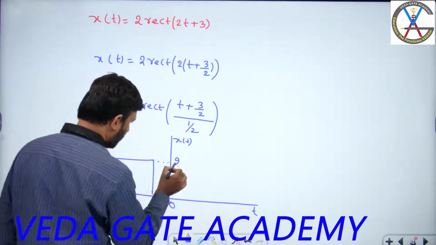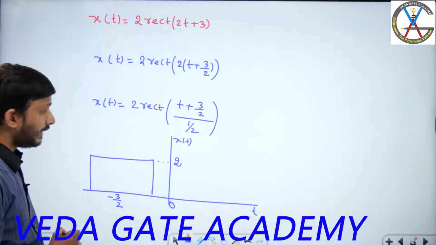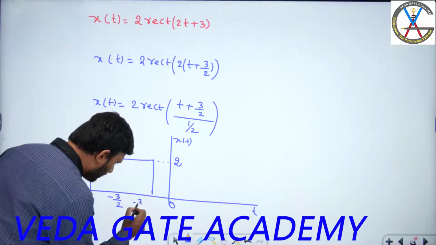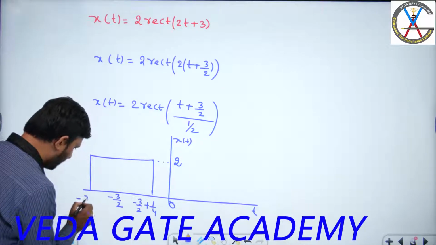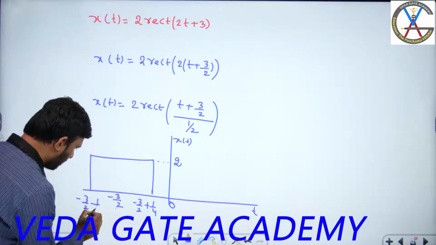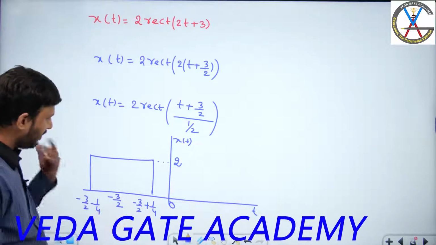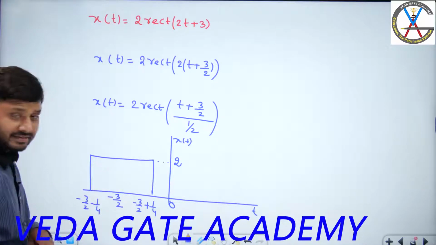Amplitude is 2. And what is the overall pulse width here? Overall pulse width is 1 by 2. 1 by 2 means this will be minus 3 by 2 plus 1 by 4, and this will be minus 3 by 2 minus 1 by 4. Now if you observe, the overall pulse width will be 1 by 2. In this way you can draw this signal. Hope you are all comfortable with this.